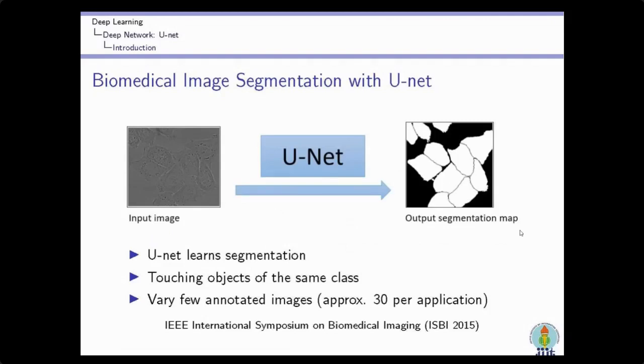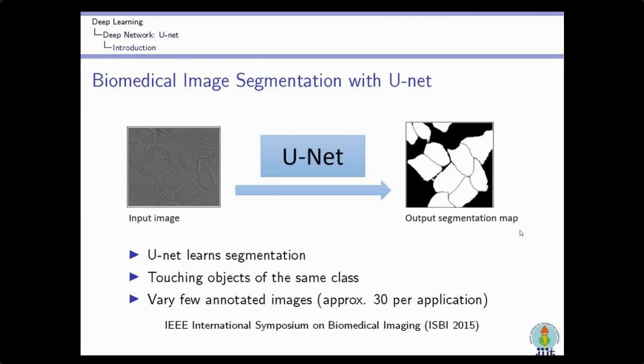Basically, it tries to learn the segmentation, where we have the input images, grayscale images, and these images contain the background as well as cells, and the cells are overlapping, but beautifully it is able to segment all the cells.